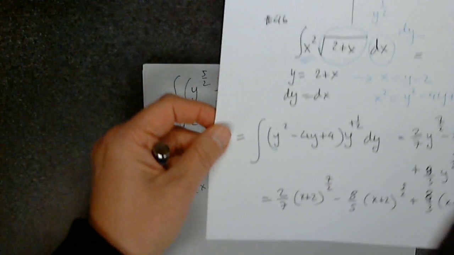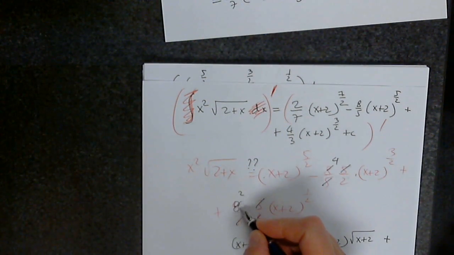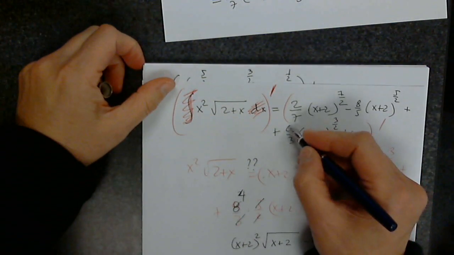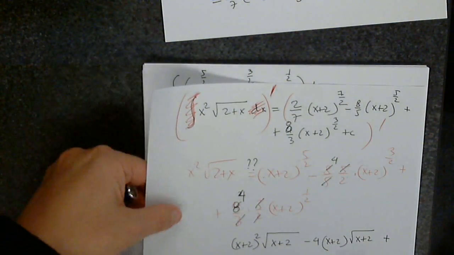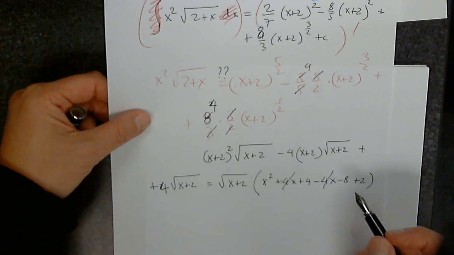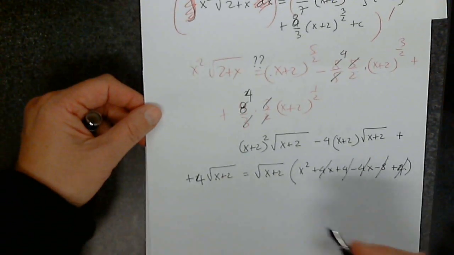So this has to be 8/3 right here. Okay, so now if I go back, this is 8/3, so I have 4 here instead of 2. Voila.